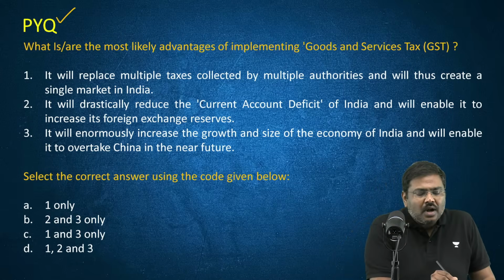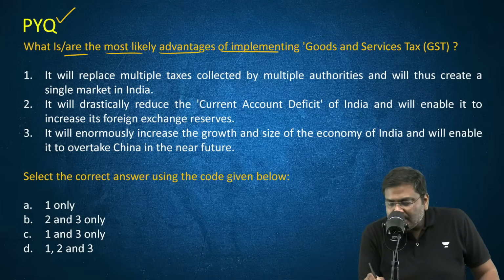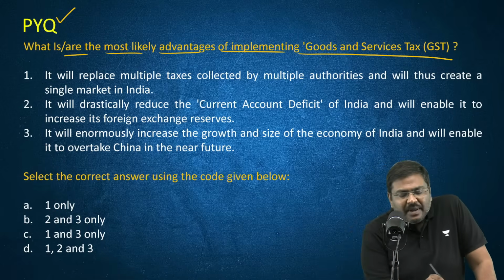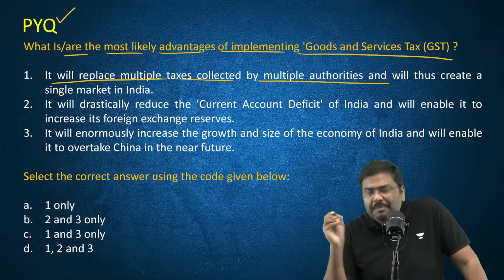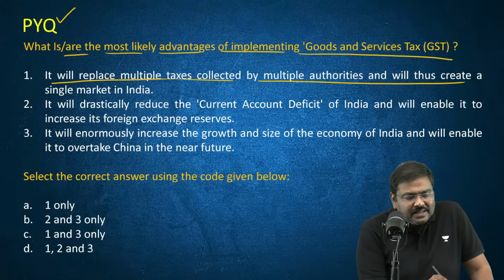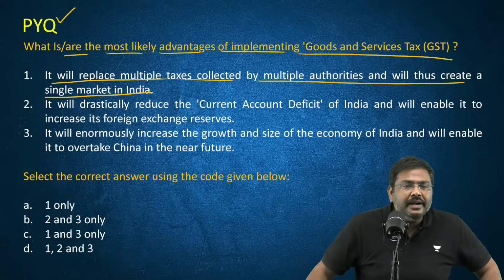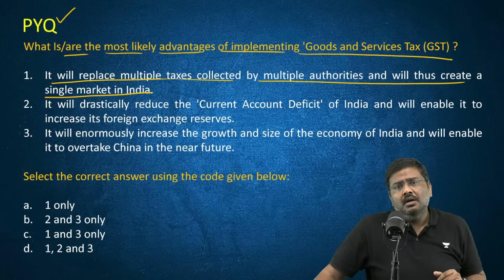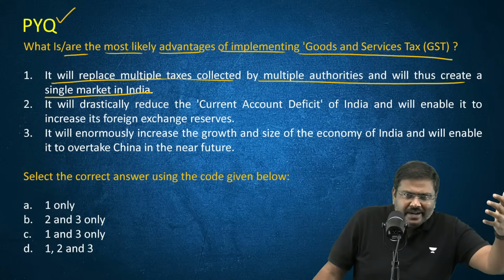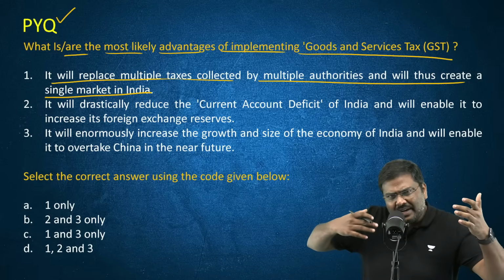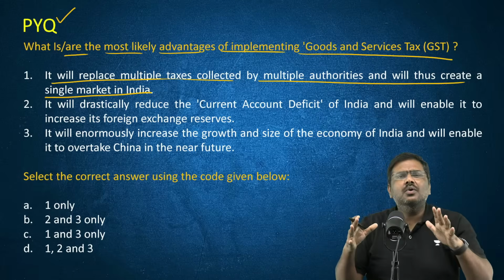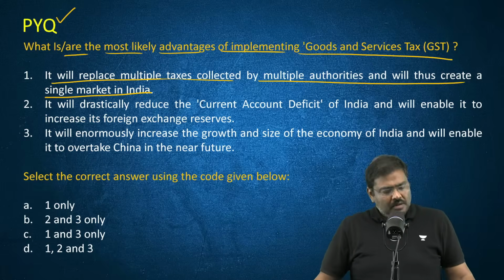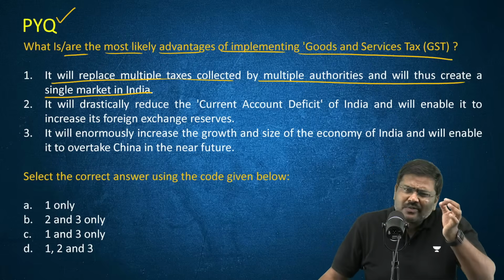What is or are the most likely advantages of implementing goods and services taxation? It will replace multiple taxes collected by multiple authorities and will thus create a single market in India. Single market means what? Instead of the center having a different tax rate and states having different tax rates, now throughout India only one rate is applicable.